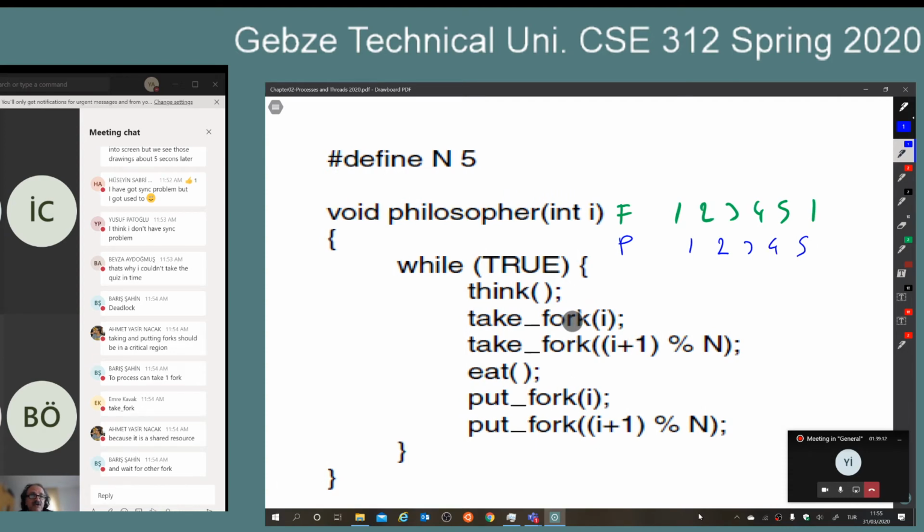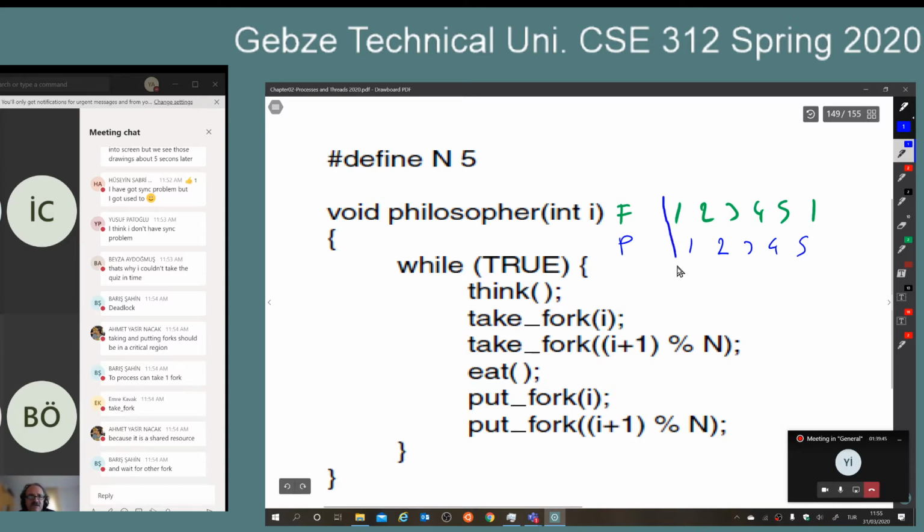The process number 1 took fork number 1, and there is a switch. Process number 2 took fork number 2, and a switch happened again. Process number 3 took fork number 3. So let's say this is what happened.